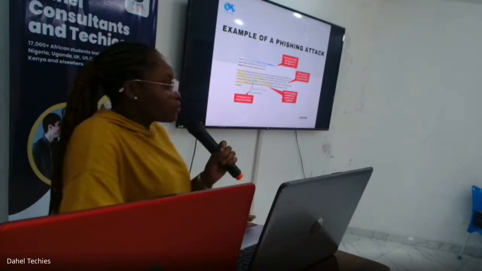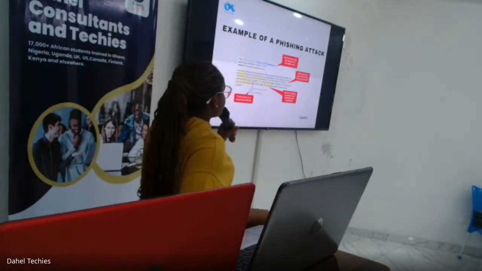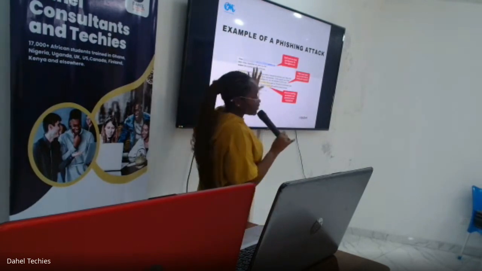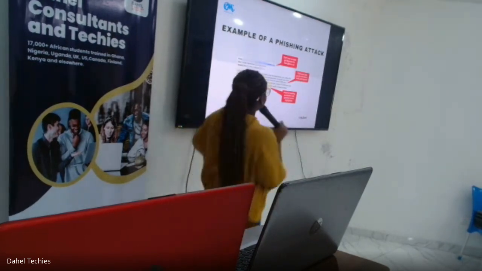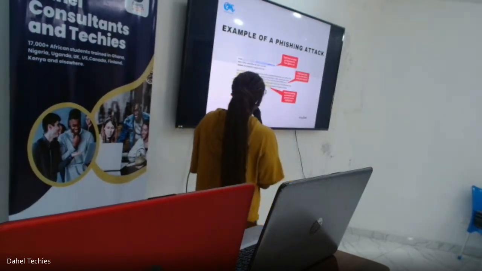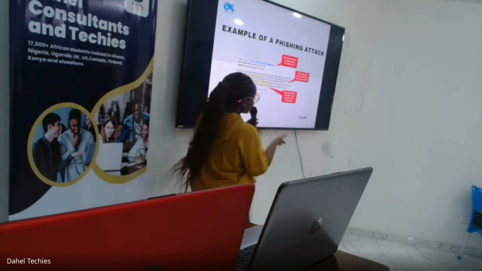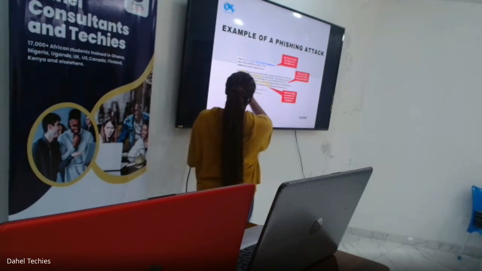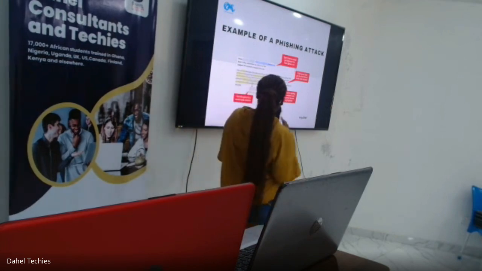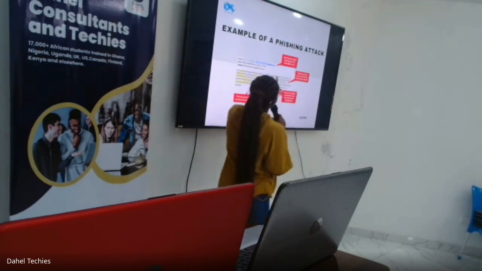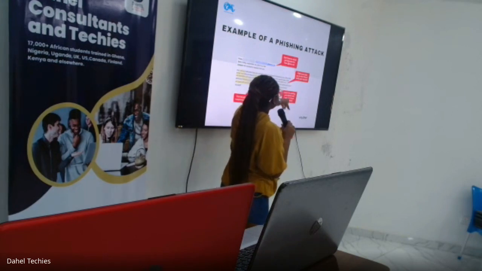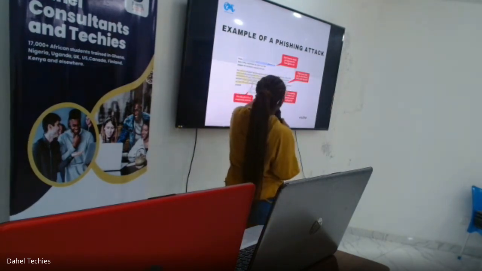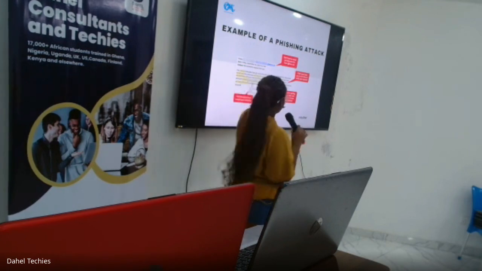So if we take a look at this example, this is an example of an email, and we can see that it's a phishing attack, so let's just read this. It says, our record indicates that you recently made a request to terminate your Office 365 email, and this process has begun by our administrator.